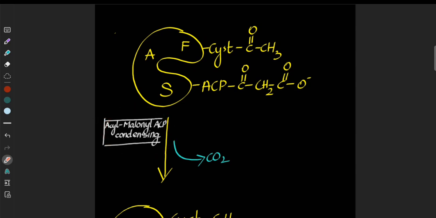And this process is known as condensation, which we talked about just 2-3 minutes before. So in this process, what will happen is a carboxylic acid, right? It is moving out of the malonyl coenzyme, right?